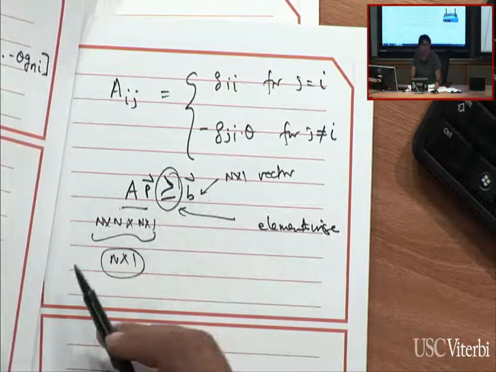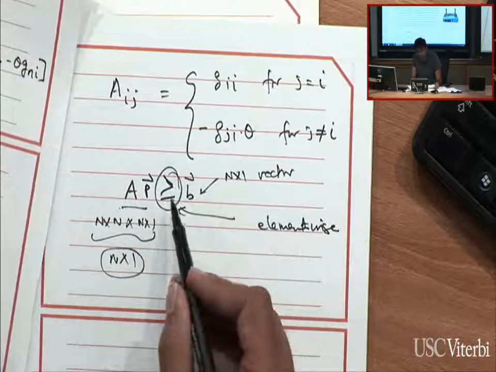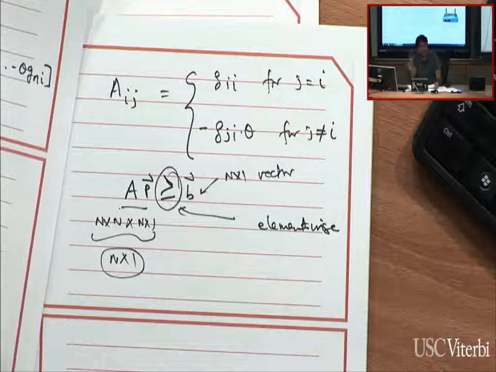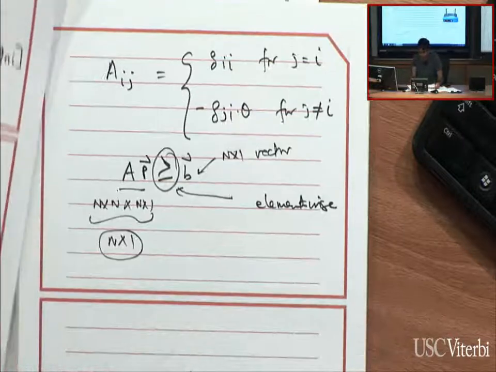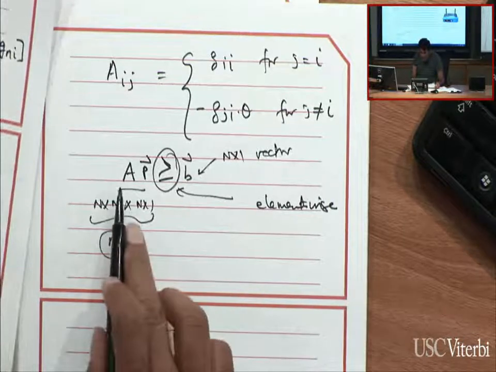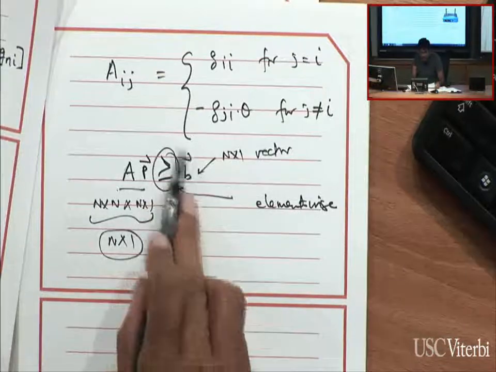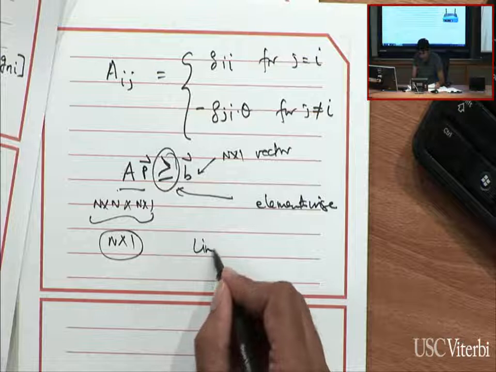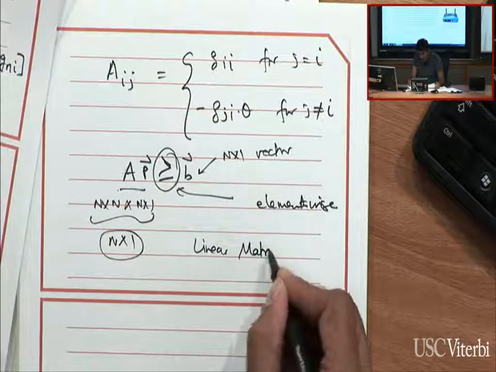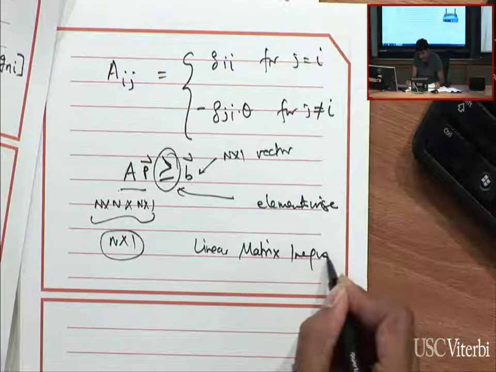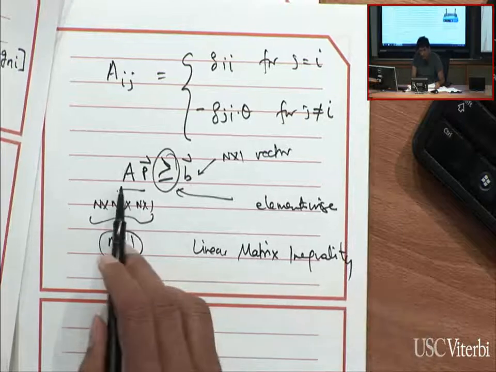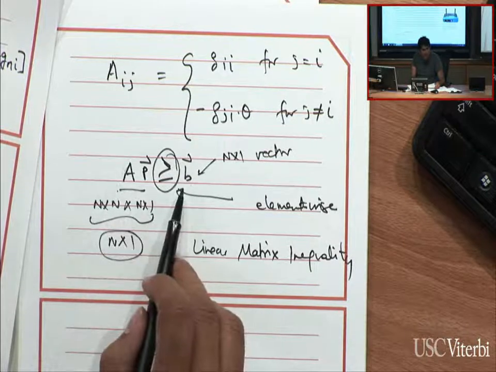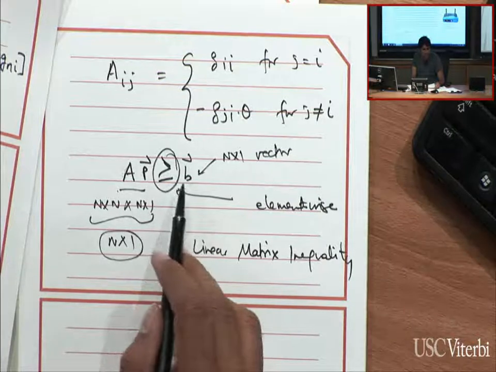There's no such thing as a vector being greater than another vector, but what we really want to say is every element is greater than or equal to, because that's the SNR. So if we can find a solution to this linear matrix inequality, then we're good, because that's the goal.